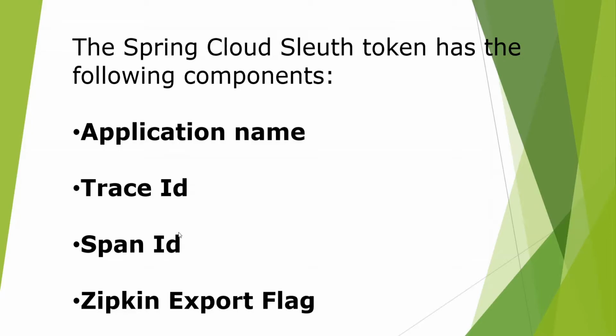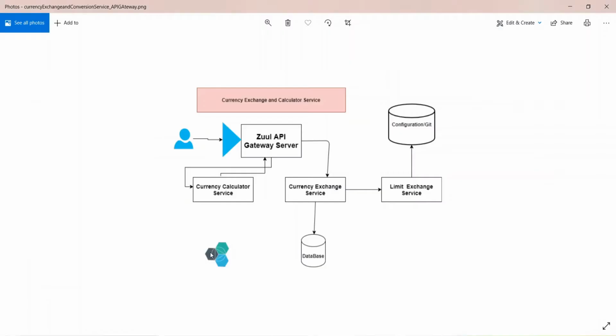Span ID is associated with the microservice. For each request the span ID is not going to change, it will be unique for the microservice. And the Zipkin export flag is basically a boolean, true or false, right?